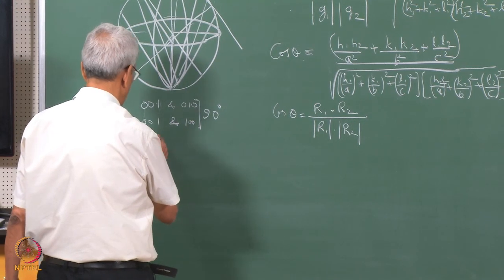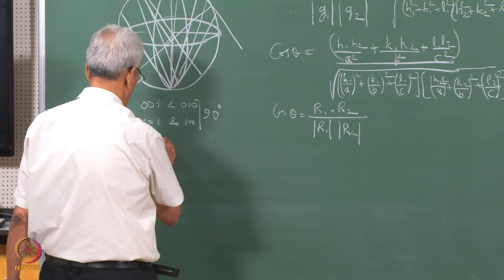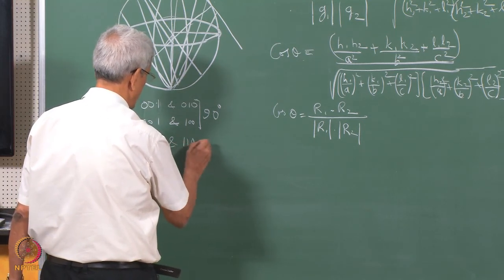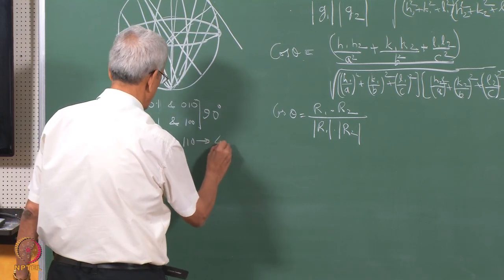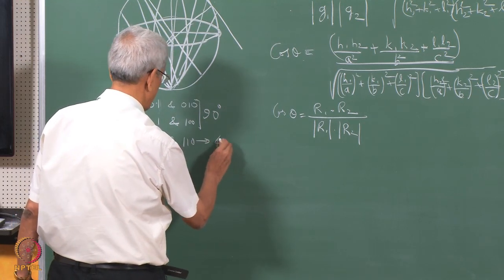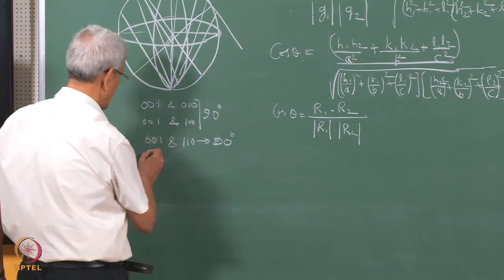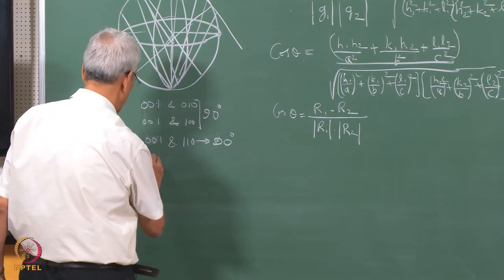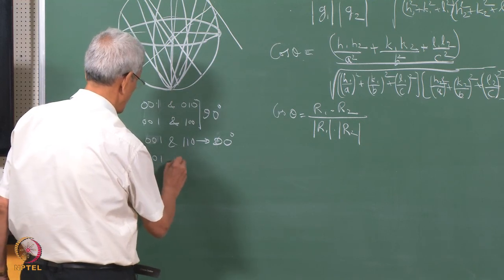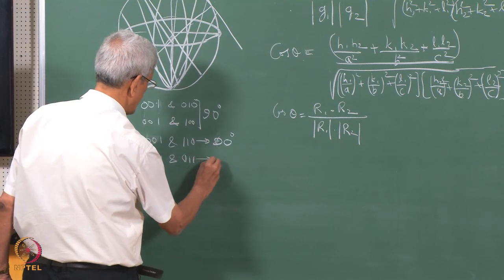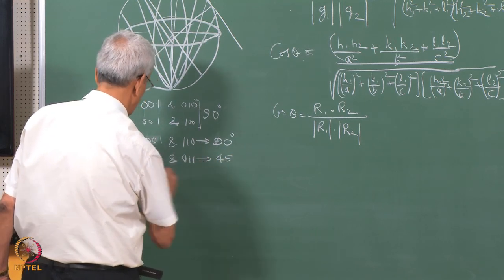And similarly between 0 0 1 and 1 1 0, the angle is going to be 90 degrees. One can calculate this and get it; I am just writing it down. Between 0 0 1 and 0 1 1, this angle is 45.